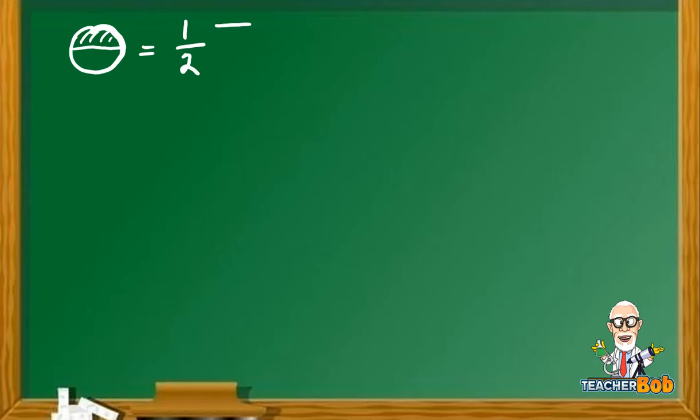The top part of my fraction is called the numerator. And a numerator is simply that part of the fraction, the top part, that tells us how many pieces we're interested in. The bottom part is not shaded. The bottom part of the fraction is called the denominator.